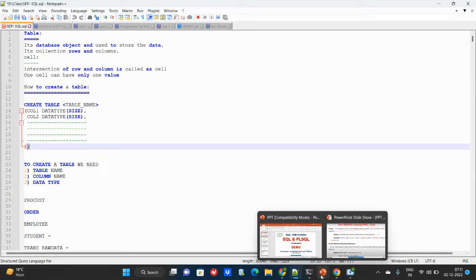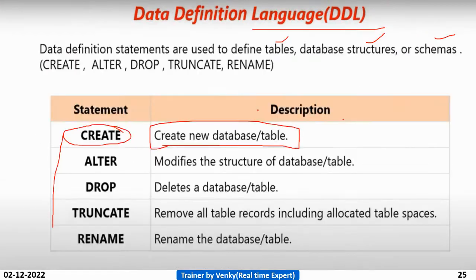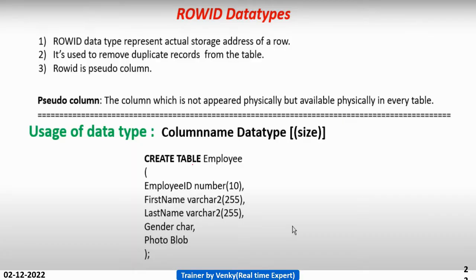Then the delimiter, that is called delimiter in database terminology. You can call it semicolon also. So the employee table is create table, table name employee, open parenthesis. This is called parenthesis. Open parenthesis means we are opening the parenthesis here.